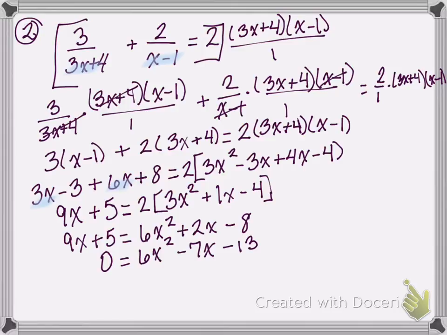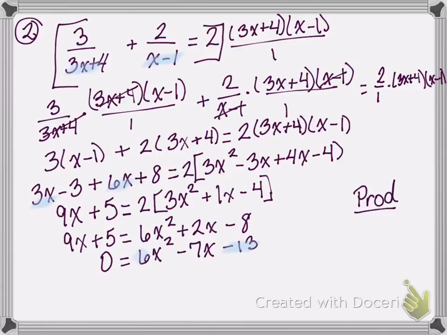So again, for me to be able to simplify this, factoring is actually what I'm going to do. I'm going to take my 6 and my negative 13, and that is going to give me my product, because I need to factor this.